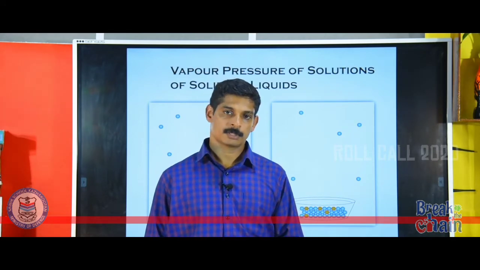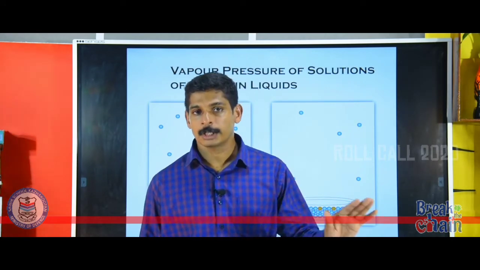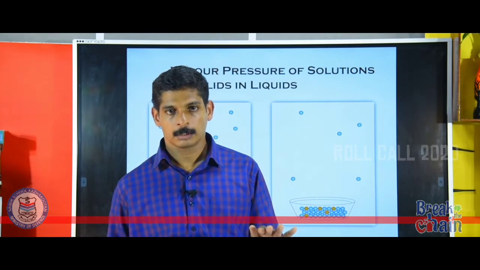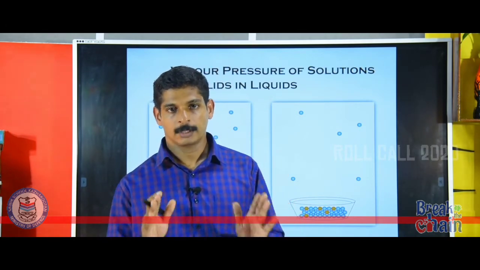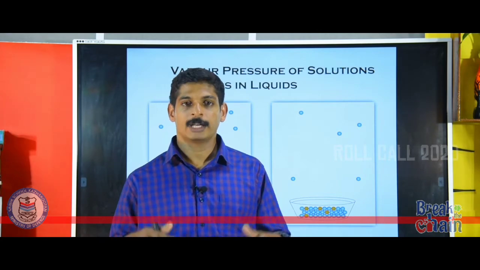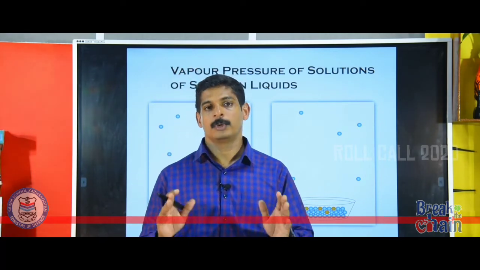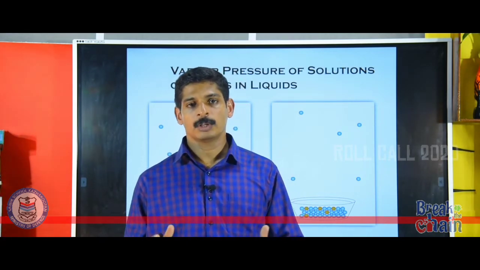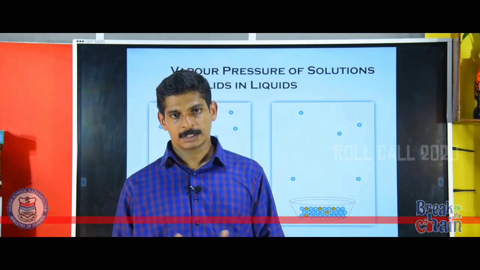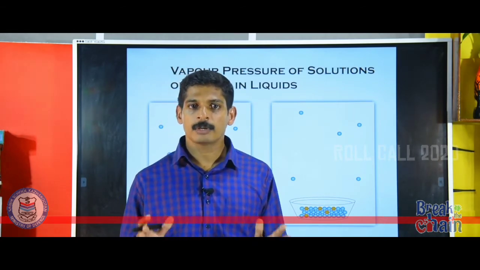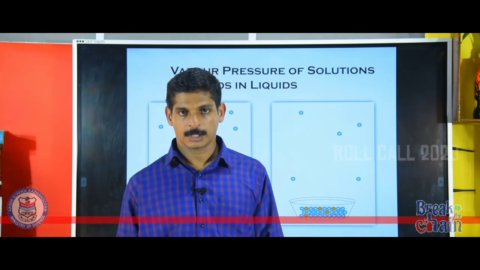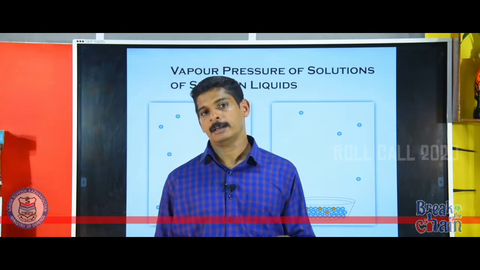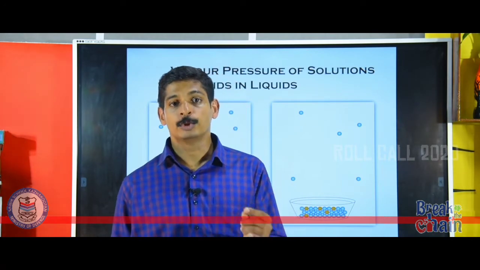Now the question comes, if you take a pure liquid and keep it for some time, can it produce its vapor and finally give you the vapor pressure? What do you call that vapor pressure? It is simply the vapor pressure of the pure liquid, nothing else. Now we are going to make it into a solution by adding a particular amount of solute to it.